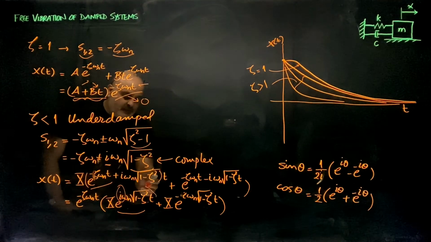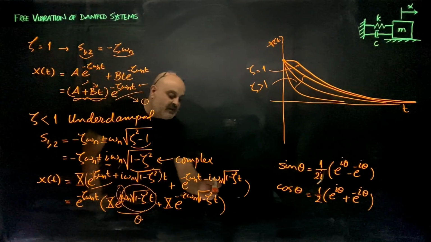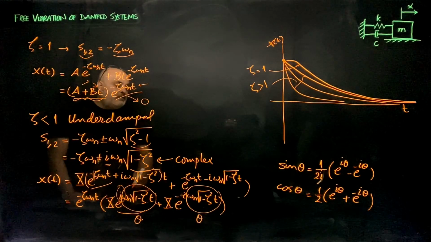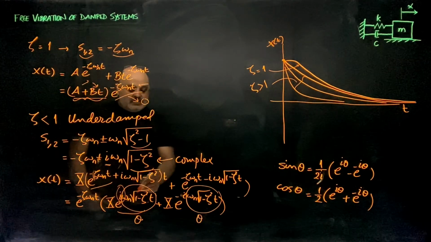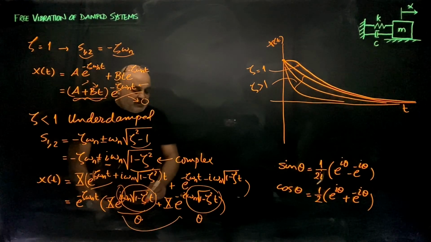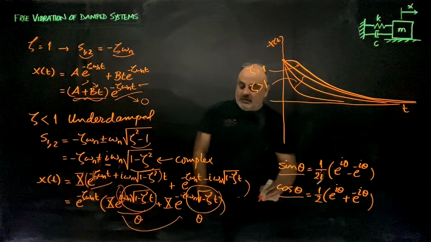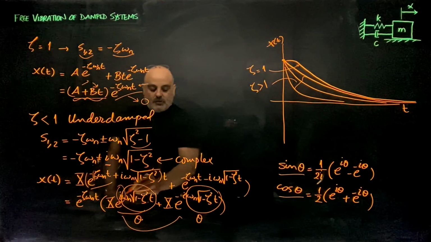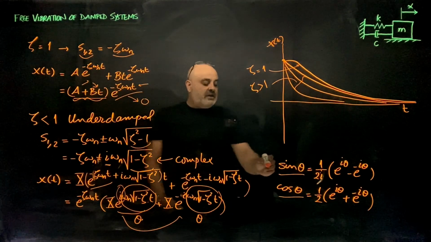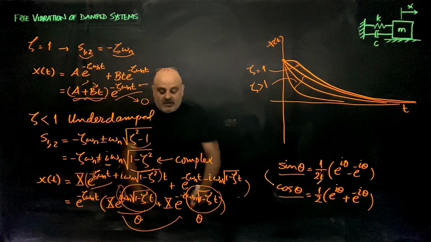If I consider this as theta, then I can change these two exponential functions, exchanging them for sine theta and cosine theta. I can remove these two terms and represent them as a combination of sine and cosine functions as follows.